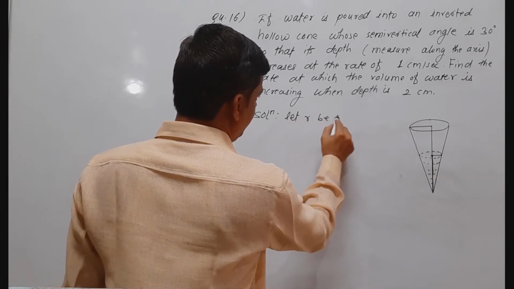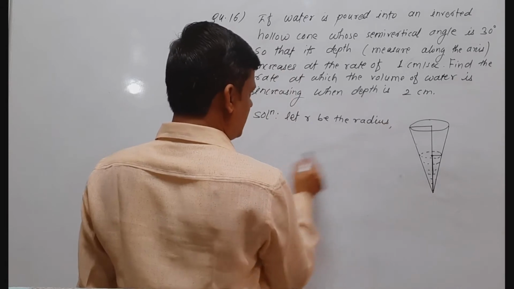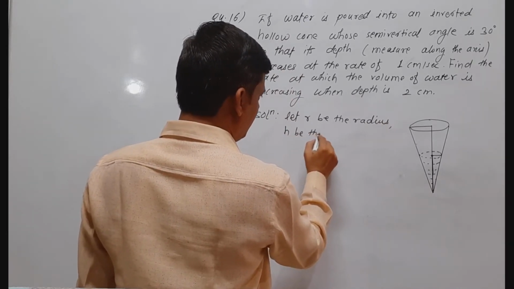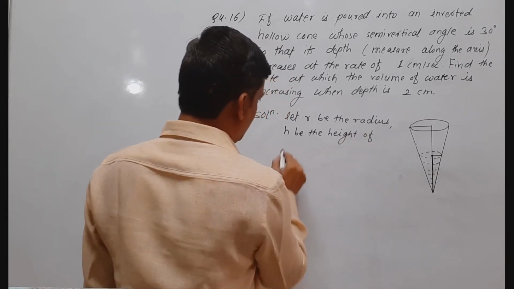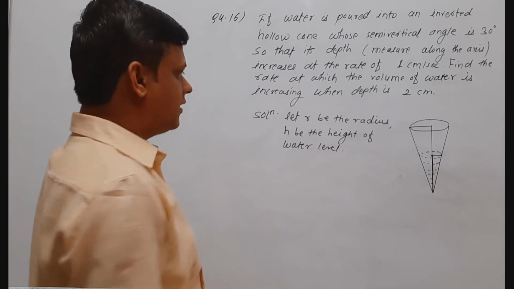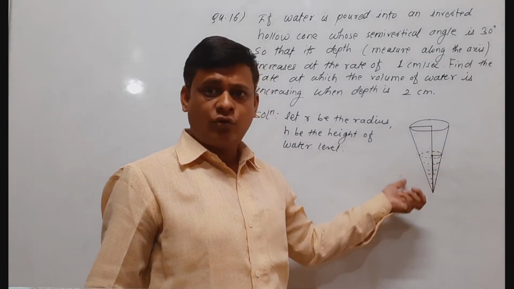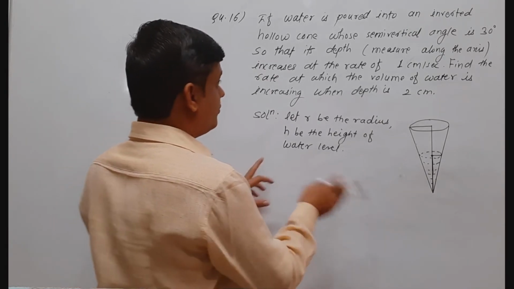Let r be the radius, h be the height of the water level. Now this shape is conical, so we know the volume of a cone. First we see the given part.